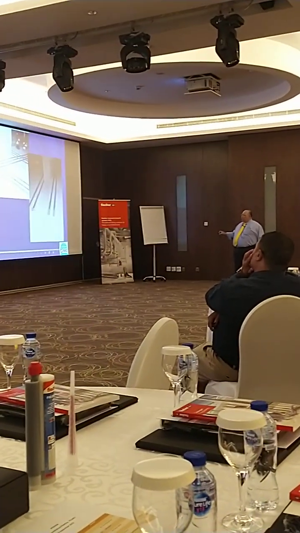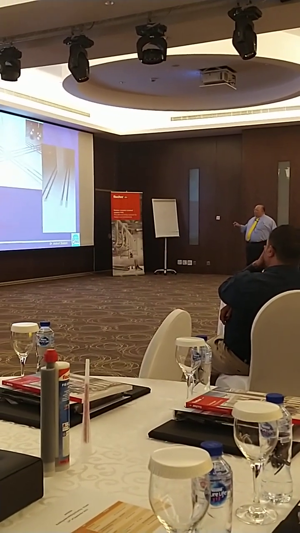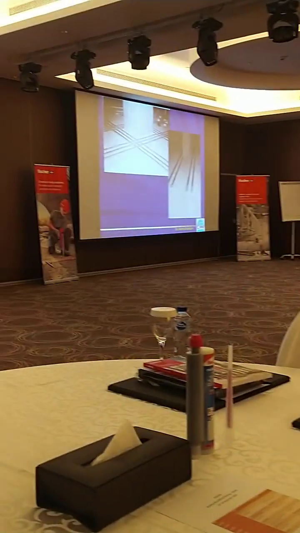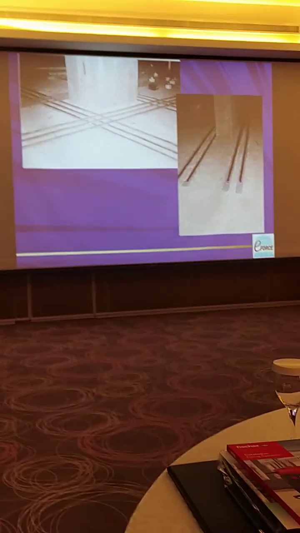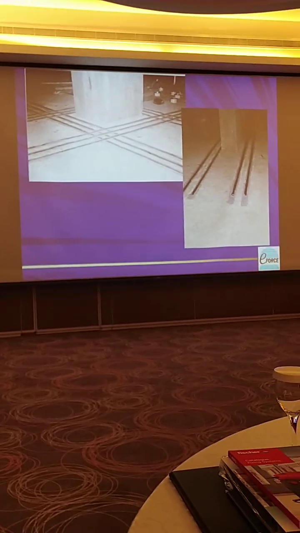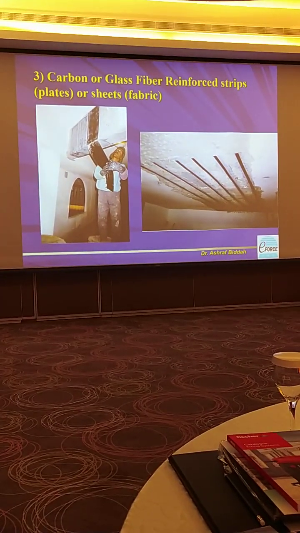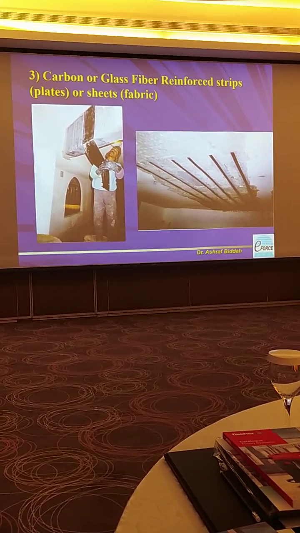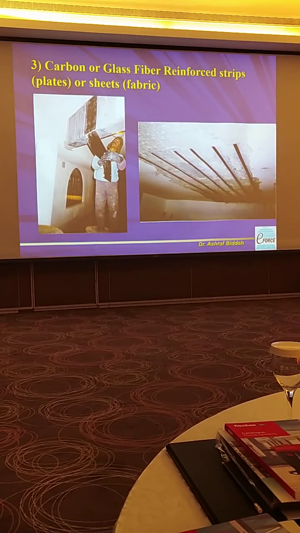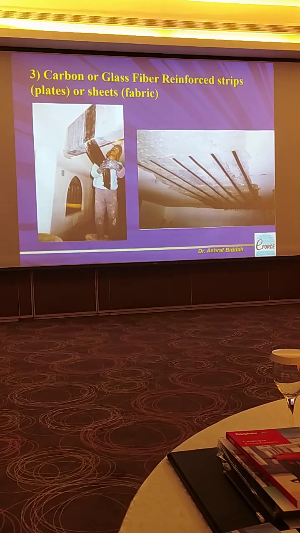In order to get an idea of how we can use CFRP in construction, repair, and strengthening, you can see here that these strips are glued to the concrete as if you were adding extra reinforcement.